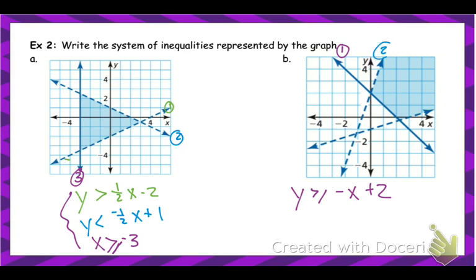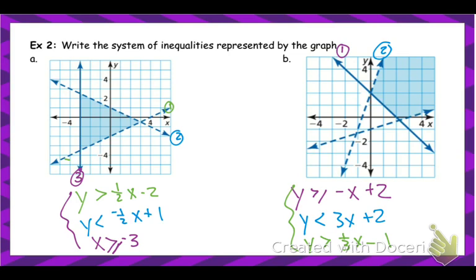That one's got a slope of 3, y-intercept of 2, shaded below and not equal to. And then finally look at my last one, shaded above, not equal to, has a slope of 1/3 and a y-intercept of -1. That's the equation of all of those with the right shading, and that gives me my system.